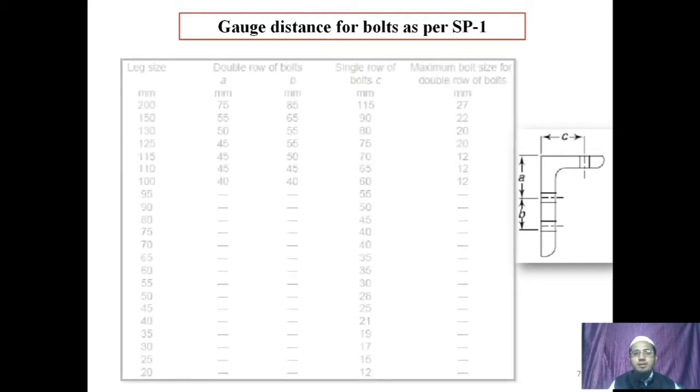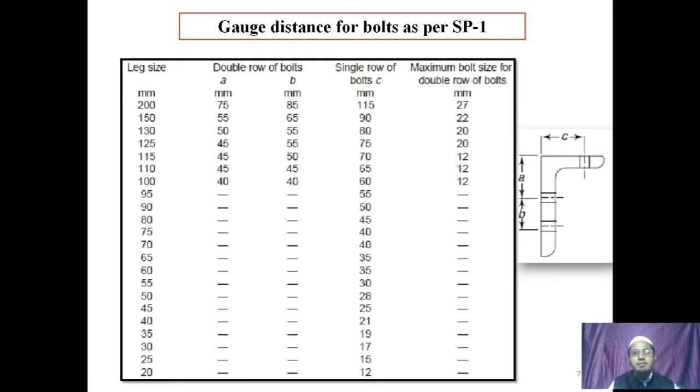For this there is a table given by SP1 for different leg lengths. If the leg length is 200 mm, and we are going for a double row of bolts, then this A distance should not exceed 75 mm, and this B distance should not exceed 85 mm. If we are going for a single row only, then this C distance should be taken as 115 mm.